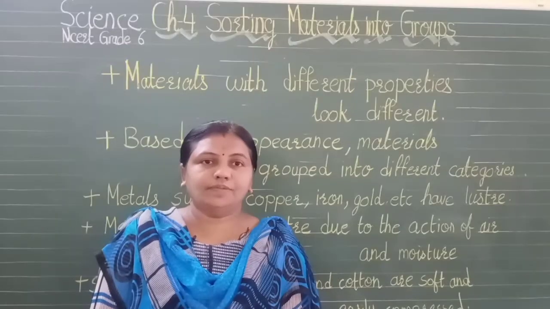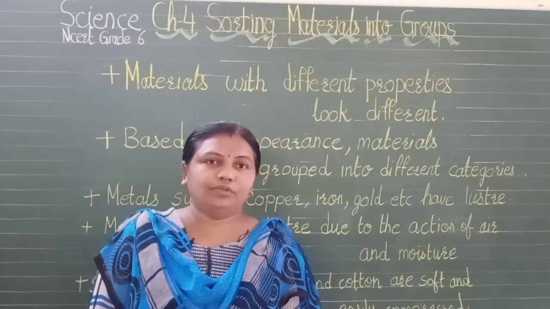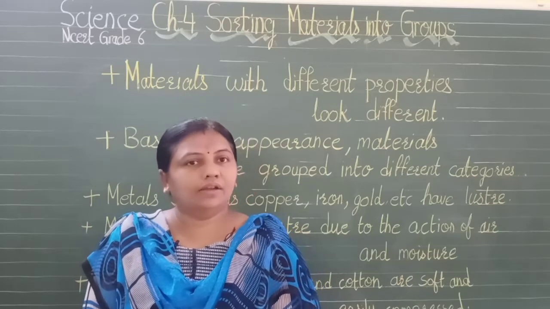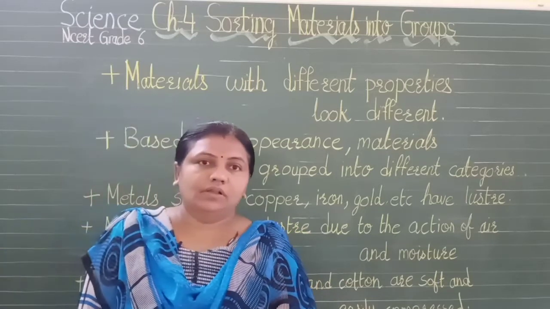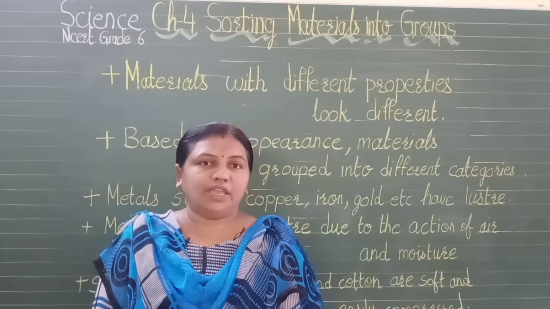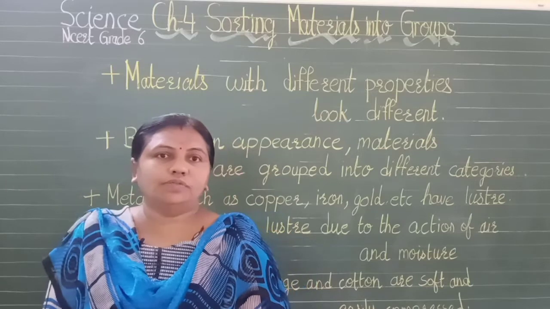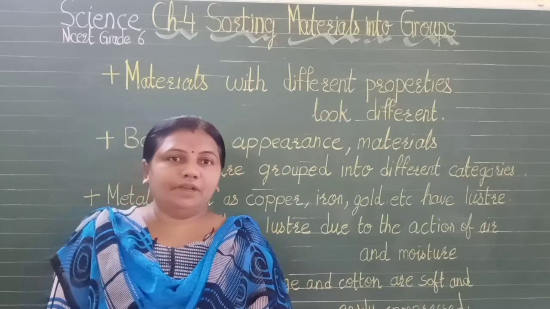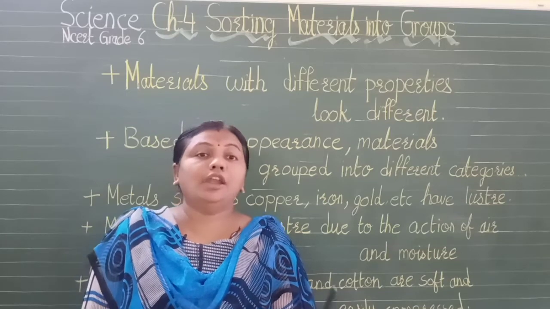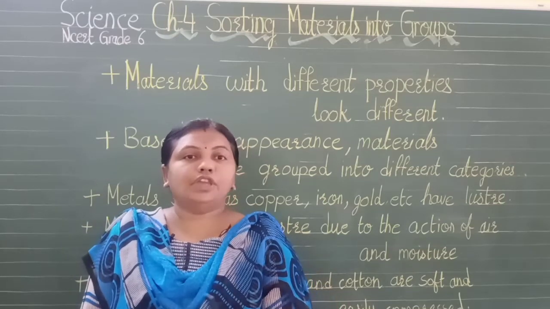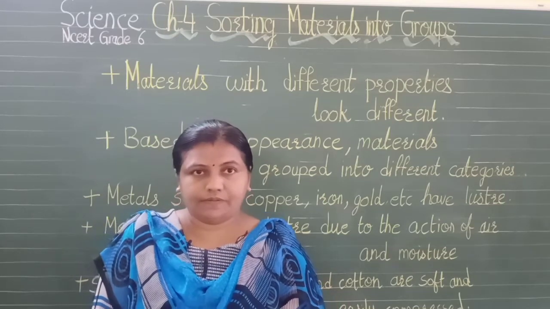So all the objects can be classified according to their similarities and differences. Now you prepare one table of the objects. You can take any objects. It can be chair, table, your bag, pencil, and write down which material it is made of.